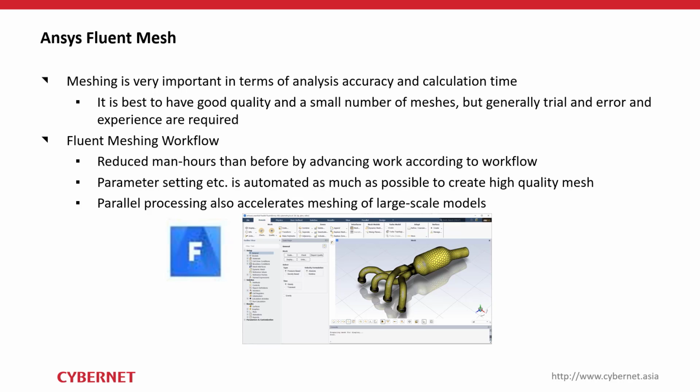You get a very good mesh at the end of your meshing process, because again, Fluent Meshing knows what is best for your particular model at that point. It will give you suggestions for you to use, and then almost automate the process all the way to the final mesh. Also with Fluent Meshing, you can include parallel processing to speed up the meshing process.